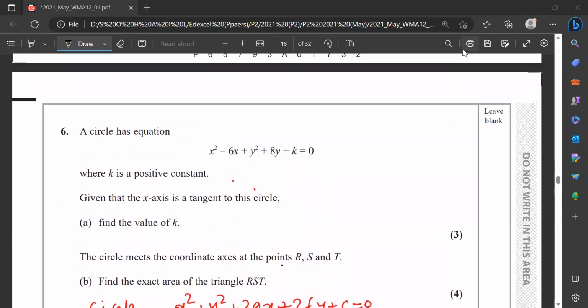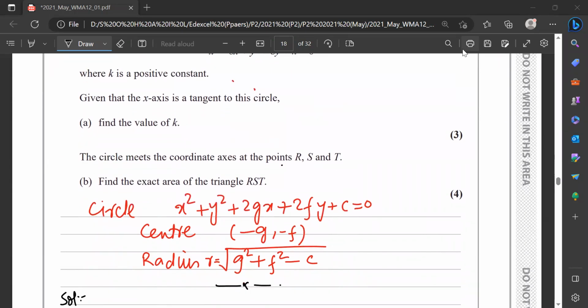For solving this question, we need the basic knowledge that we know two forms of the circle. One form is x square plus y square plus 2gx plus 2fy plus c equals 0. If this is the structure for the equation of the circle, the center is minus g, minus f.